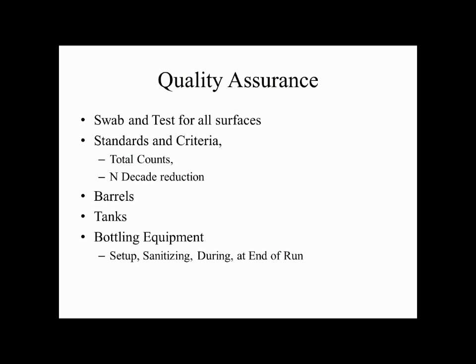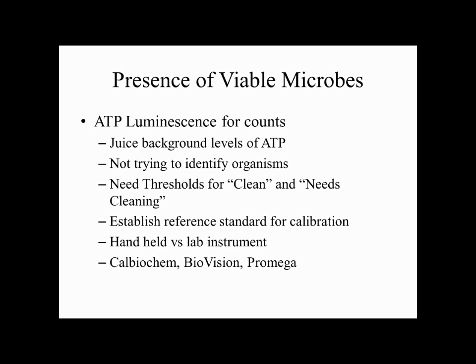In terms of QC, there's different ways of doing it. We can swab surfaces, and the question is how many viable cells does your acceptable criteria allow. We can do total counts. We can talk about decade reduction. The trouble with the swabs is they don't work too well in barrels. So how do we measure barrel inertness? And when do we worry about bottling and when do we worry about tanks? There are various ways of measuring activity, and ATP is a measure of activity.